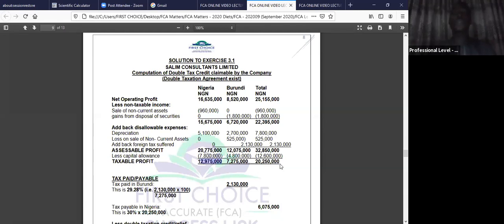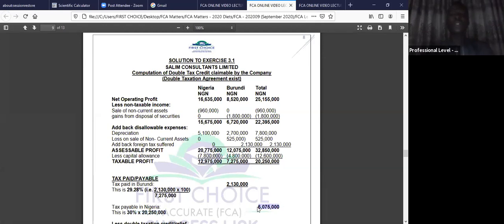All you will be doing is to get a relief from the Nigerian tax, not from this only Nigerian situation, but from the worldwide income because it belongs to Nigeria. Okay, so this is what Nigeria is supposed to pay. The tax supposed to be paid in Nigeria is 30%, which is this amount.